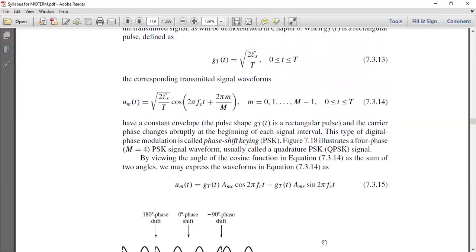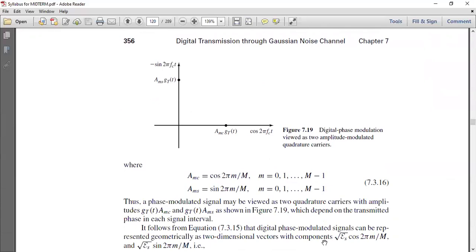A_mc is cosine 2 pi m over M, and A_ms is sine 2 pi m over M. So again you see that this is two-dimensional: cosine 2 pi f_c t and minus sine 2 pi f_c t. So digital phase modulation is a two-dimensional representation, a two-dimensional constellation diagram.